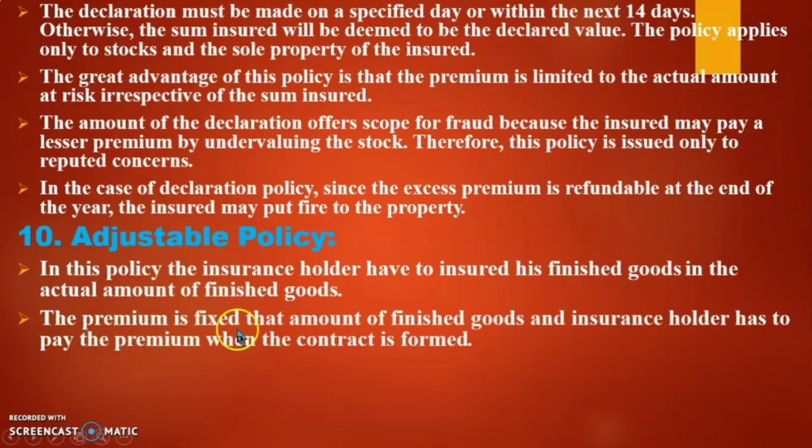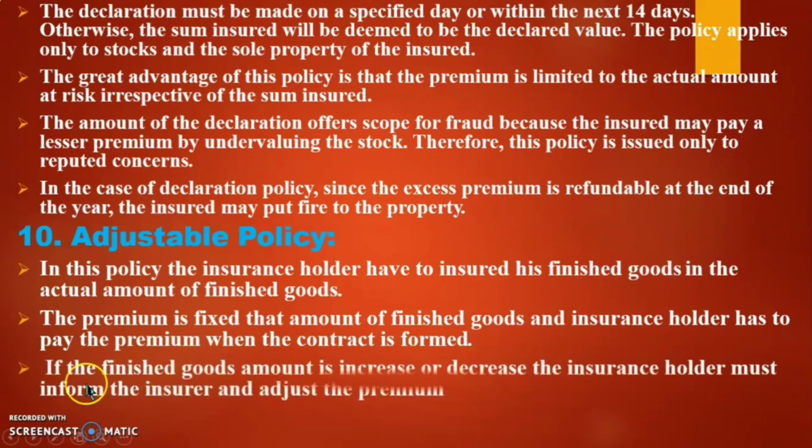The premium is fixed on that amount of finished goods, and the insurance holder has to pay the premium when the contract is formed. If the finished goods amount is increased or decreased, the insurance holder must inform the insurer and adjust the premium.